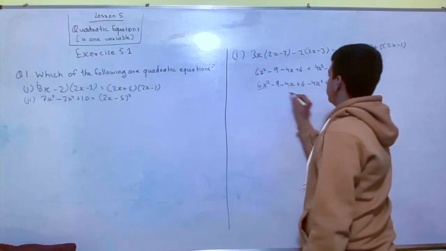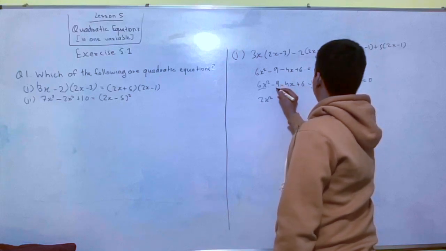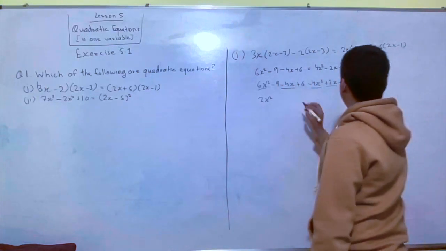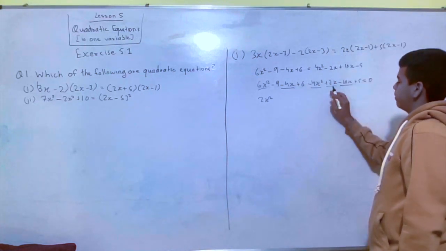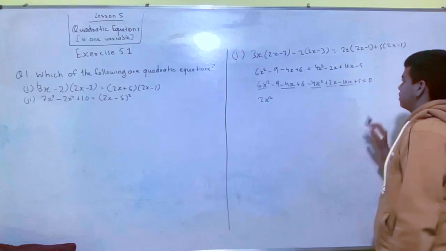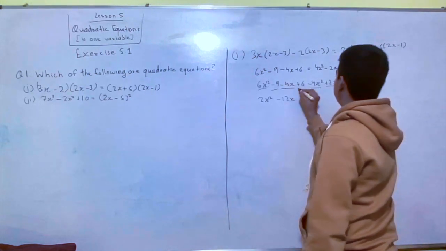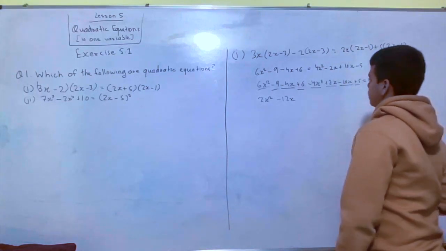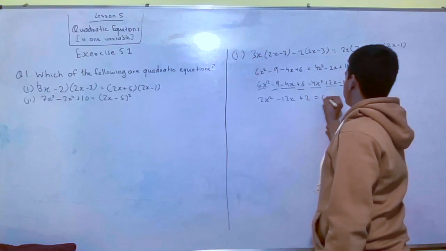First we take 6x square minus 4x square, which gives us 2x square. Then minus 9x, minus 4x, plus 2x, minus 10x gives minus 12x... wait, taking the x terms together gives minus 12x, and then we take minus 9 plus 6 and plus 5. Now 6 and 5 is 11, and 11 minus 9 is 2. So plus 2 is equal to 0.